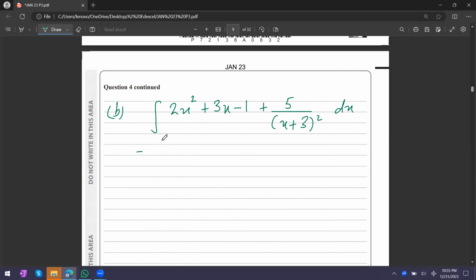Okay, so that's easy. Raise the power by 1. It will become x cube and divide by that cube. So 2x cube over 3 plus 3x square over 2 minus x, and this is a little long step. You can write the last term as 5 times x plus 3 raised to power minus 2.